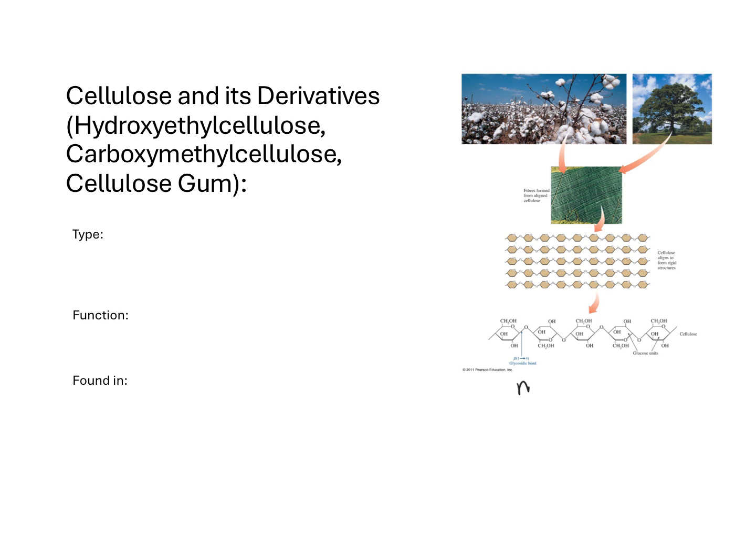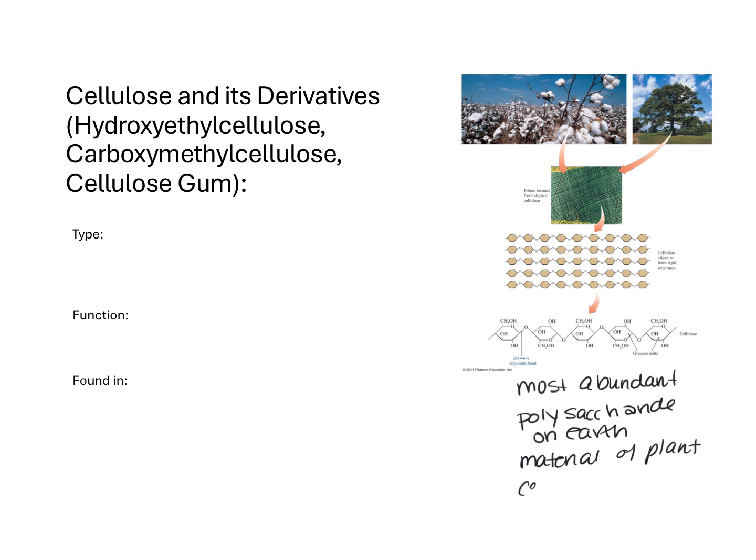So this is the most abundant polysaccharide on Earth. Okay. Because it comes from, it's the material of plant cell walls.